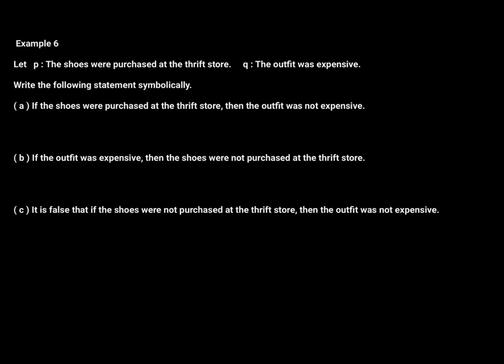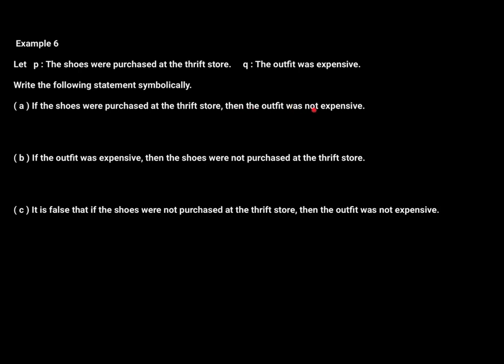Example 6. Let P represent the simple statement, the shoes were purchased at the thrift store. Let Q represent the simple statement, the outfit was expensive. All right, we want to write the following statements symbolically. First, if the shoes were purchased at the thrift store, then the outfit was not expensive. So this is an if-then statement, a conditional statement.